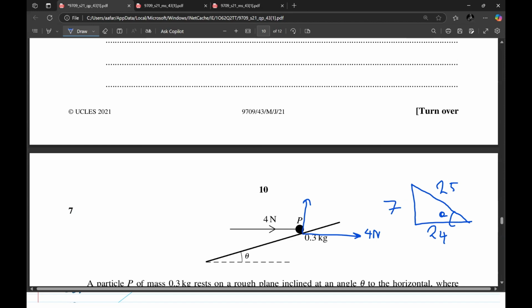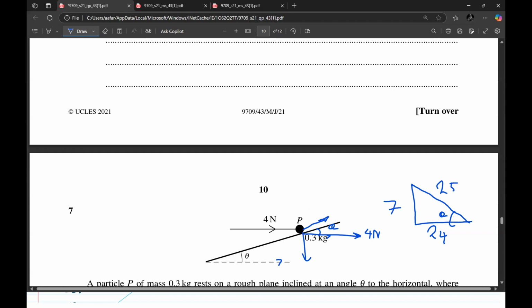So if this force, this line is parallel to this line, that means this will be theta, corresponding angle, right? So the upward force is basically the component 4 cos theta.